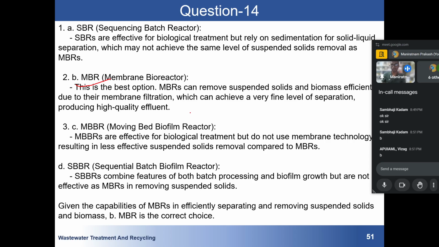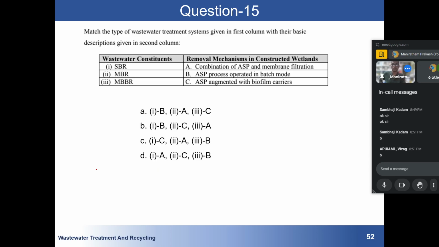Every treatment method is able to remove some suspended solid and biological organic matter, but the question is who is most effective. If you get this PPT, just try to read it and you will get the idea that every method has some efficiency, but this MBR has the highest efficiency.